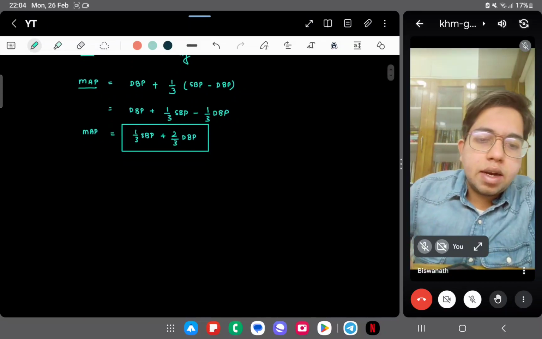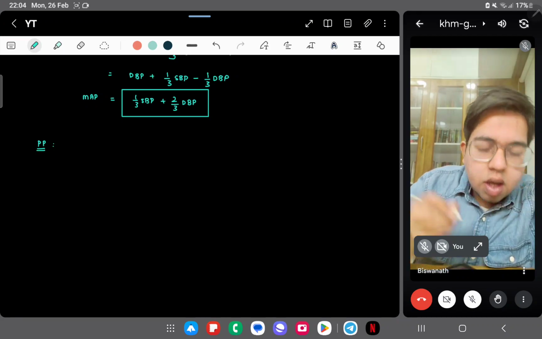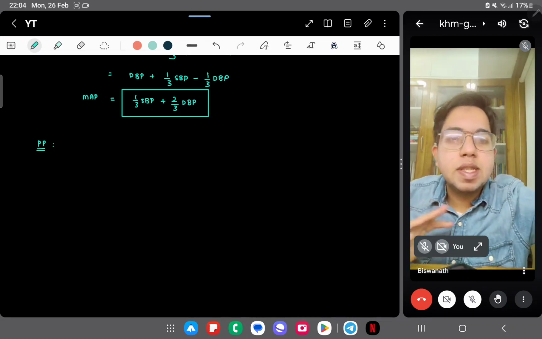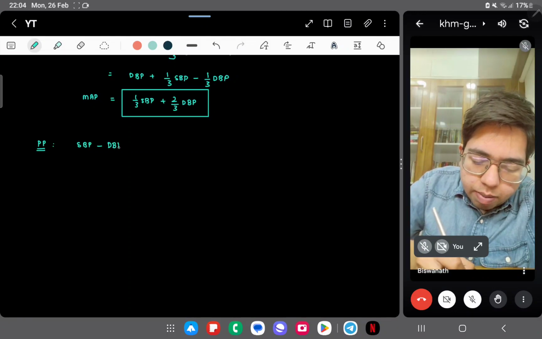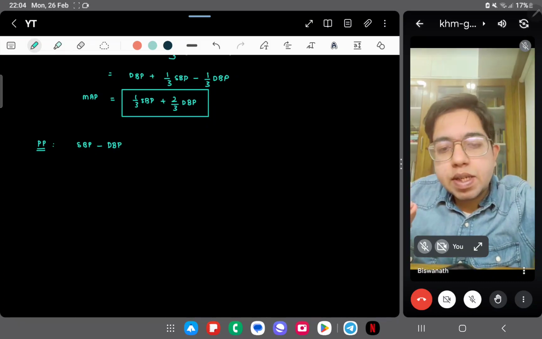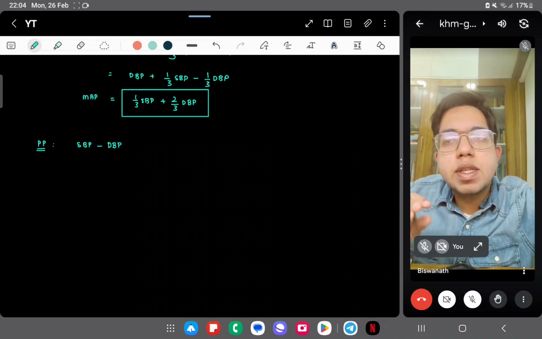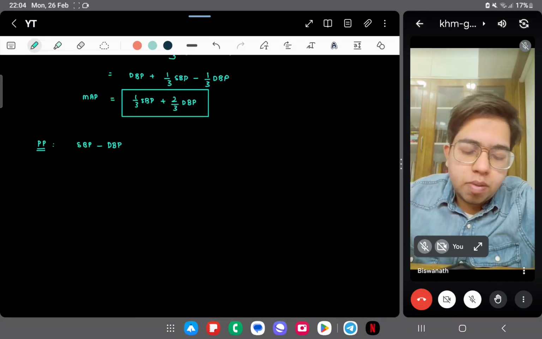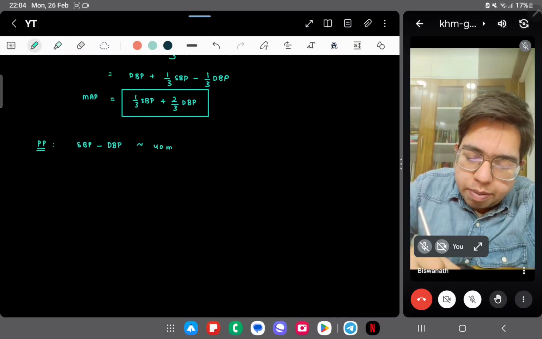Then we have something called pulse pressure, and the pulse pressure formula is simple: systolic minus diastolic. Systolic blood pressure minus diastolic blood pressure is your pulse pressure. And this pulse pressure specifically indicates the stroke volume. Okay, the pulse pressure is a basic indicator for stroke volume. The value you can just write is about 40 mmHg.